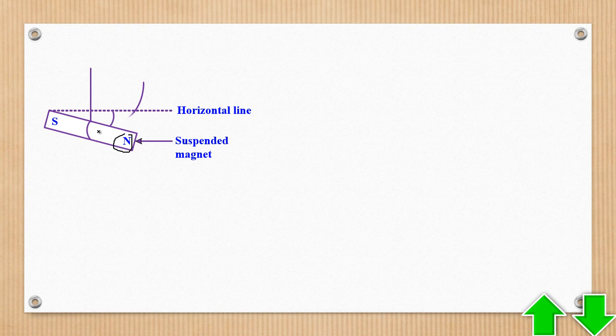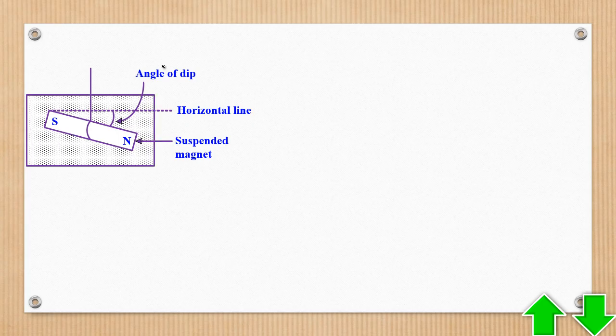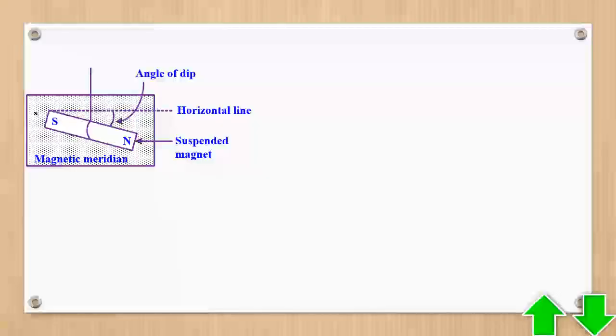The angle between the horizontal line and the magnet is what we call the angle of dip. This term will be vital when it comes to calculations. Then the vertical plane in which the magnet comes to rest is what we call the magnetic meridian.